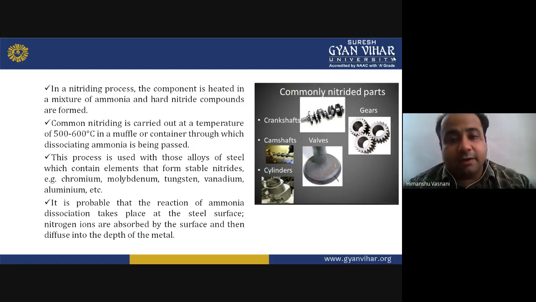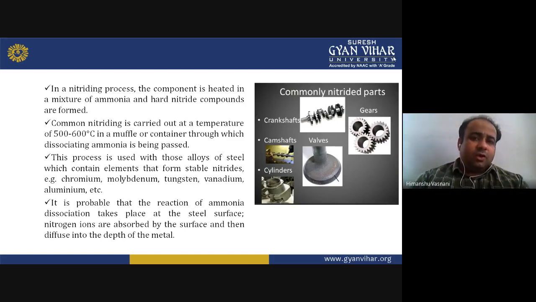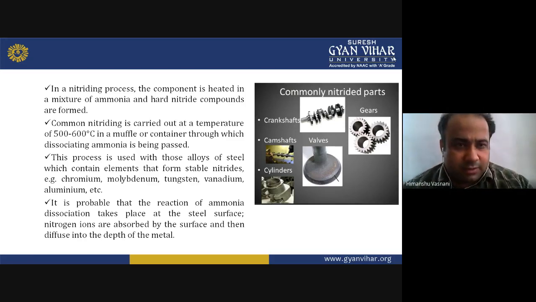In the nitriding process, the component is heated in a mixture of ammonia, and hard nitride compounds are formed. Common nitriding is carried out at a temperature of 500 to 600 degrees centigrade in a muffle or container through which dissociating ammonia is being passed.